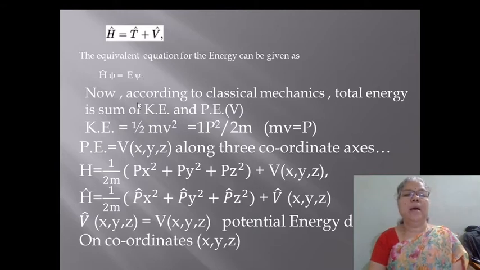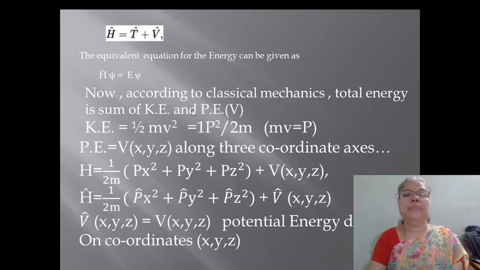Now, according to classical mechanics, total energy is the sum of kinetic energy and potential energy, and we know that kinetic energy equals 1/2 mv squared.